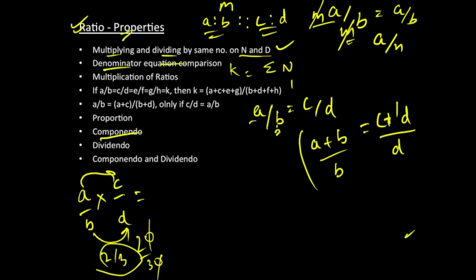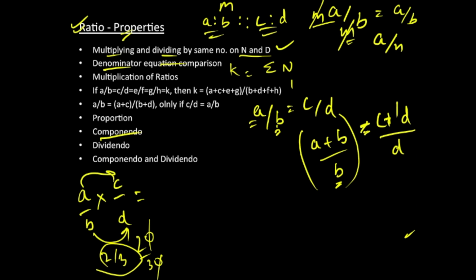Denominator is B here, numerator is A. If you are adding B over here and keeping the denominator same, you will have to do the same function on the right hand side as well, and you will still get both these expressions to be the same.